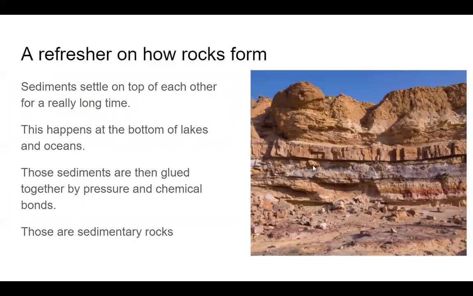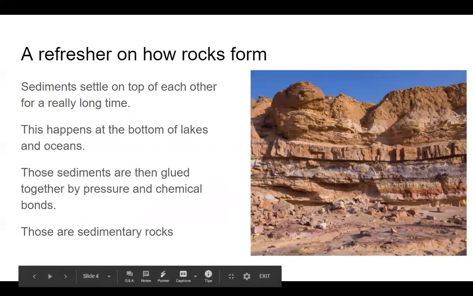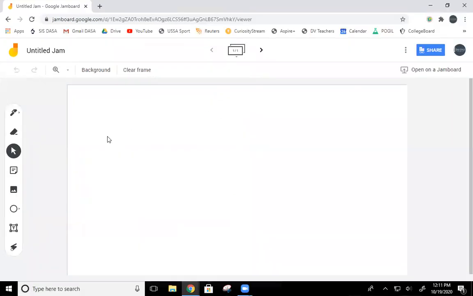So remember how rocks form, specifically sedimentary rocks. I'm going to come back to this slide in just a minute, but let's do some drawing here, because I know that you all really enjoy my drawings. They're so beautiful.